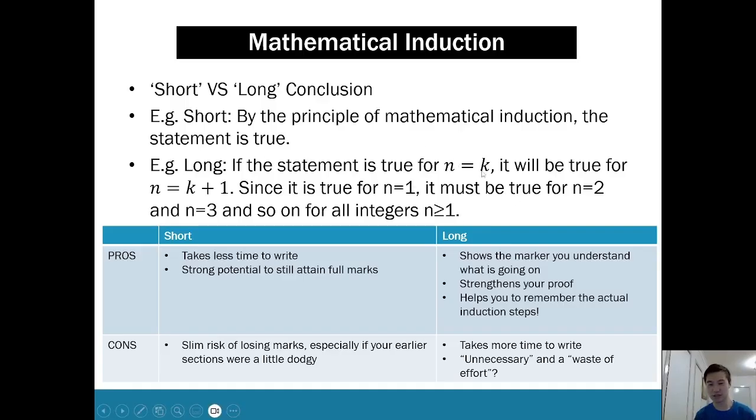You've got your step 2 here with the assumption. We have our step 3 here, and we also have our base case here too. But yeah, it's up to you. Just make sure you're aware of your school's guidelines and what they expect from you guys.